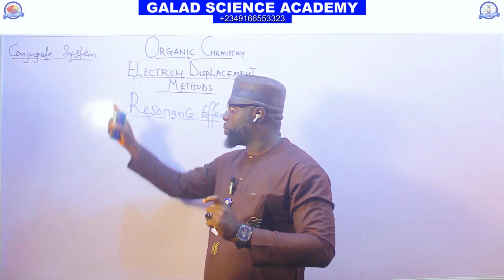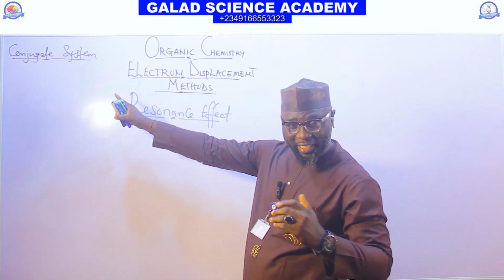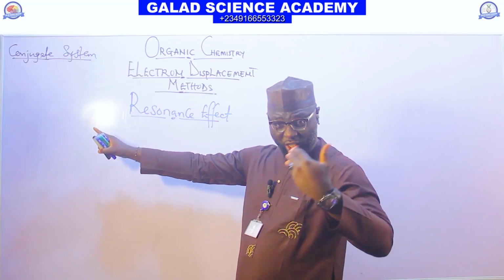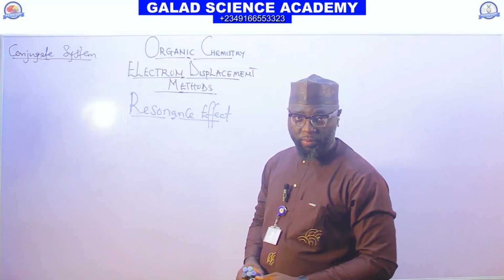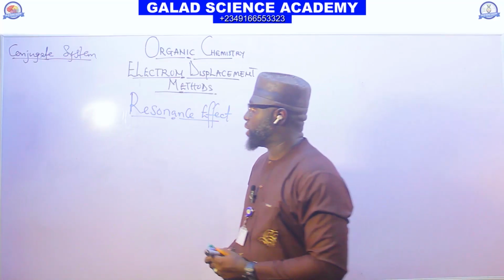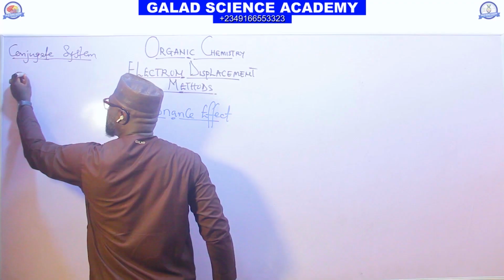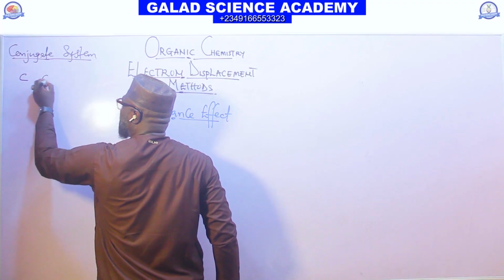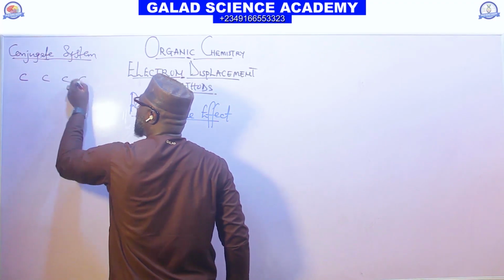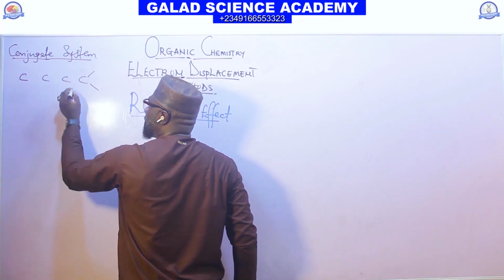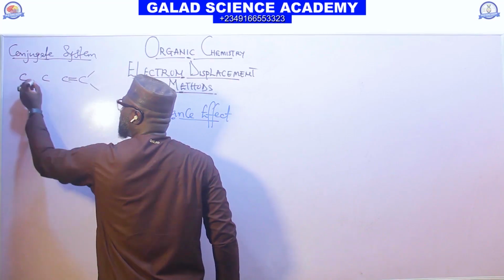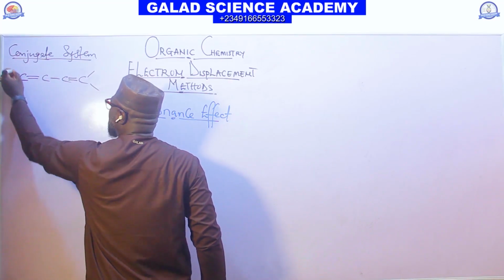A conjugate system compound is an organic compound that alternates multiple bond with single bond. Take for instance this compound: we have carbon, carbon, carbon, carbon. Here we have double bond, here we have double bond, and we have single bond.